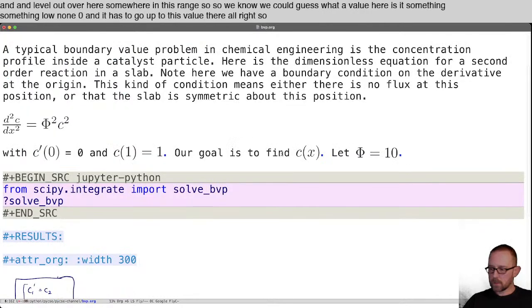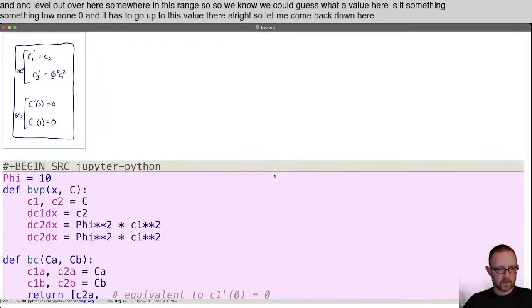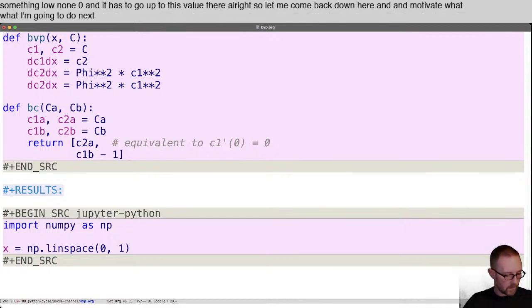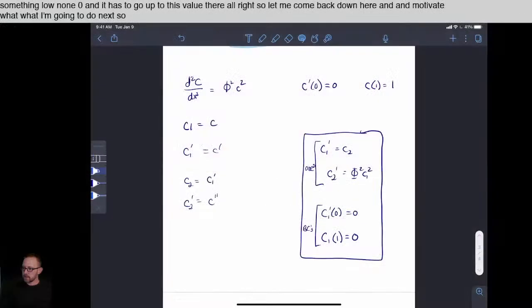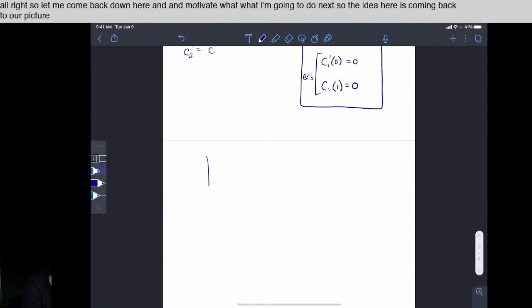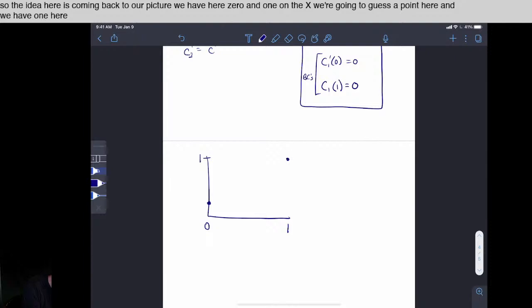All right, so let me come back down here and motivate what I'm going to do next. So the idea here is coming back to our picture. We have here's 0 and 1 on the x. We're going to guess a point here, and we have a 1 here, and we know this point. And we want some function that kind of goes like this.